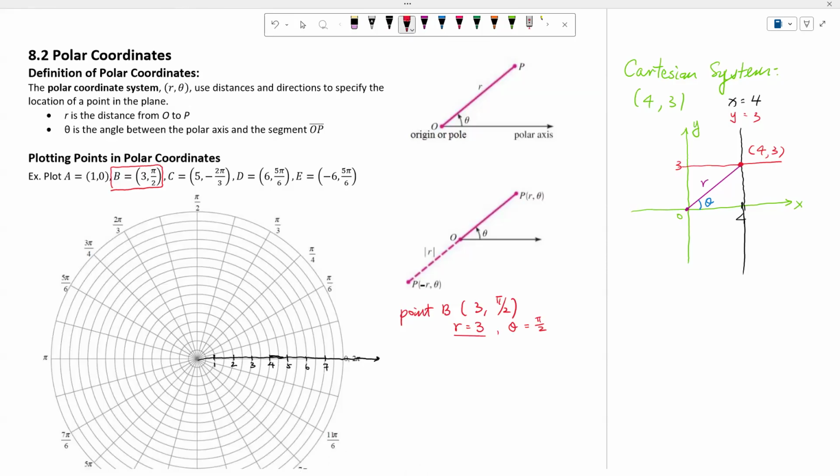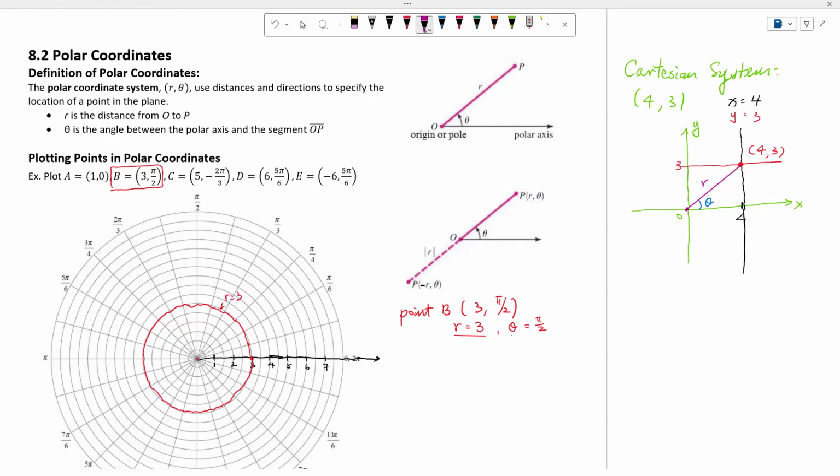Basically, r equal to 3 means the distance between the point and the origin is 3 units. So here is 3 units, and from here to here is also 3 units. If I connect all the dots together, r equal to 3 is a circle with radius 3.